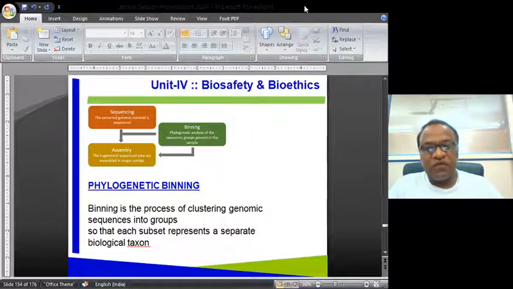So it is a process of clustering genomic sequences into groups, and each subset represents a separate biological taxon. What you have to remember here is the process of clustering genomic sequences into groups.